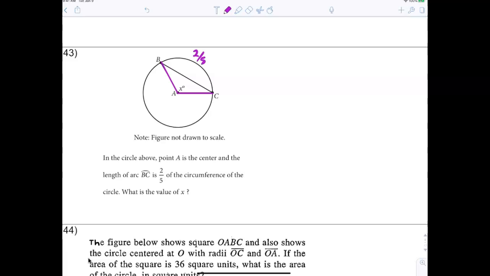Do you agree with that? Therefore, angle X must be what? 2/5 of 360. Thank you. That was brilliant. 2/5 of 360, which is obviously 144, right?